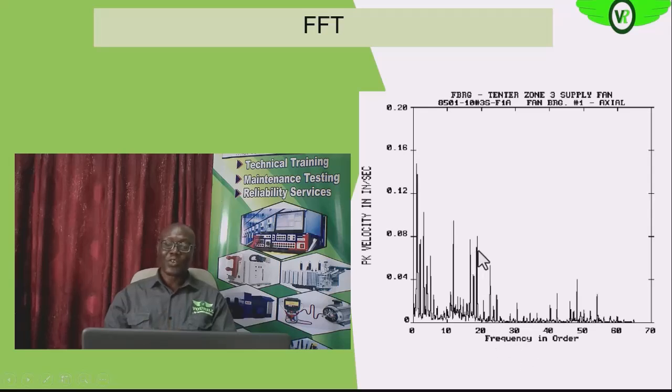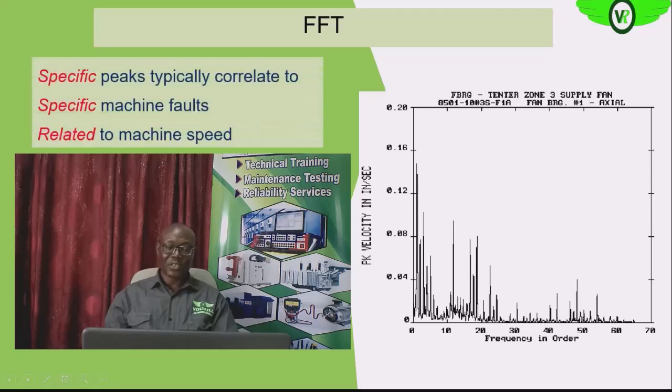So if it goes beyond the tolerable limit, then you will know that the bearing is actually getting bad. So this is the fast Fourier transformation.